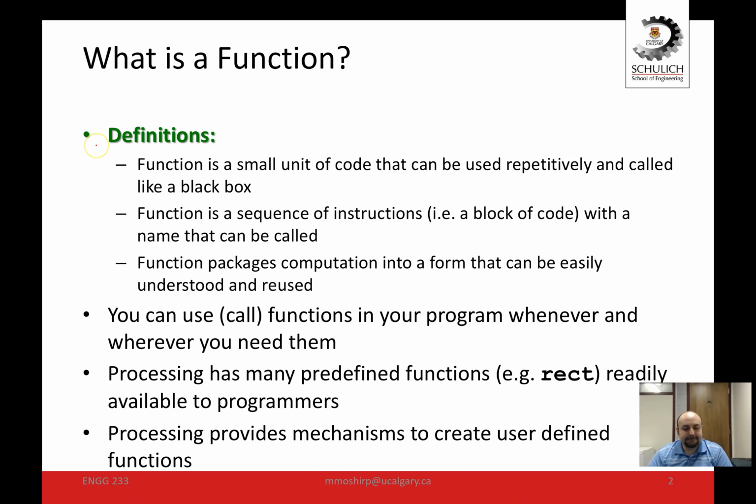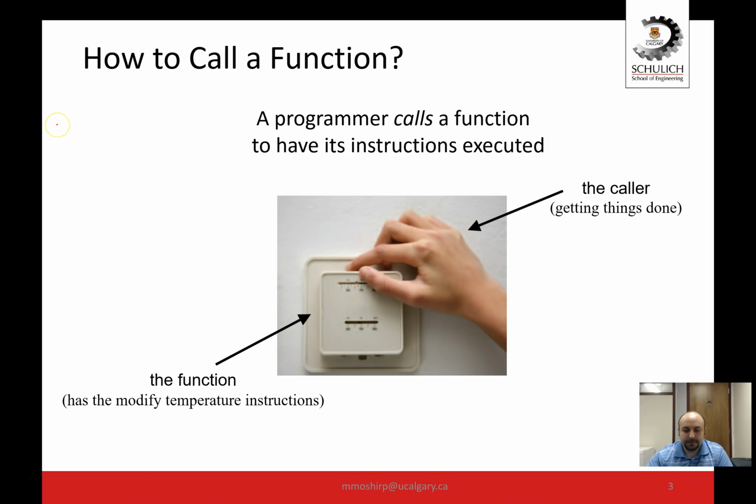So how do you call a function? You simply call a function by its name. When you call a function by its name and give it the input that it requires, it does what you ask of it, what it promises to do.